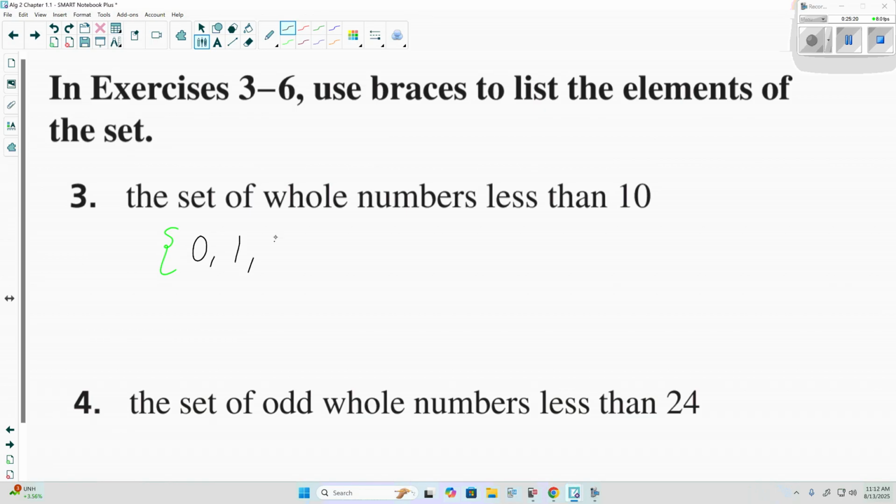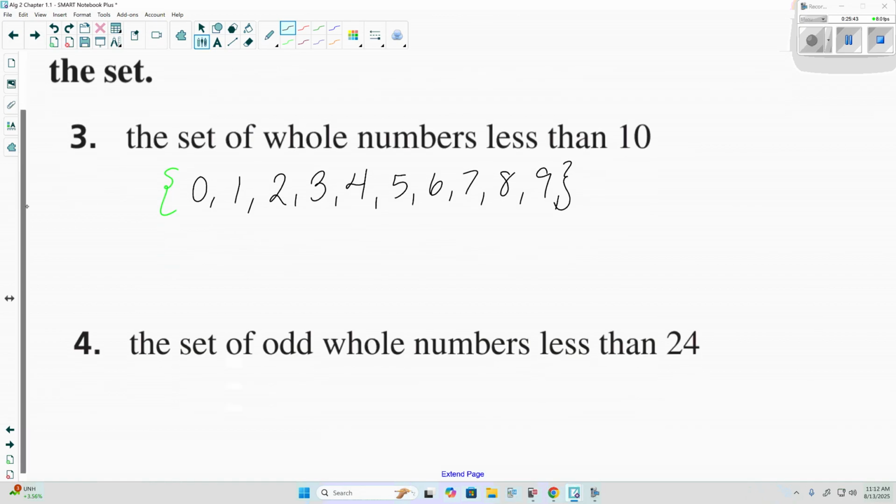Then 2, 3, 4, 5, 6, 7, 8, 9, and that'd be it. Because less than 10, so we want all the numbers less than 10. 0 to 9. That's not too bad. We can list those out. So we put braces, 0, 1, 2, 3, 4, 5, 6, 7, 8, 9. We got them all.